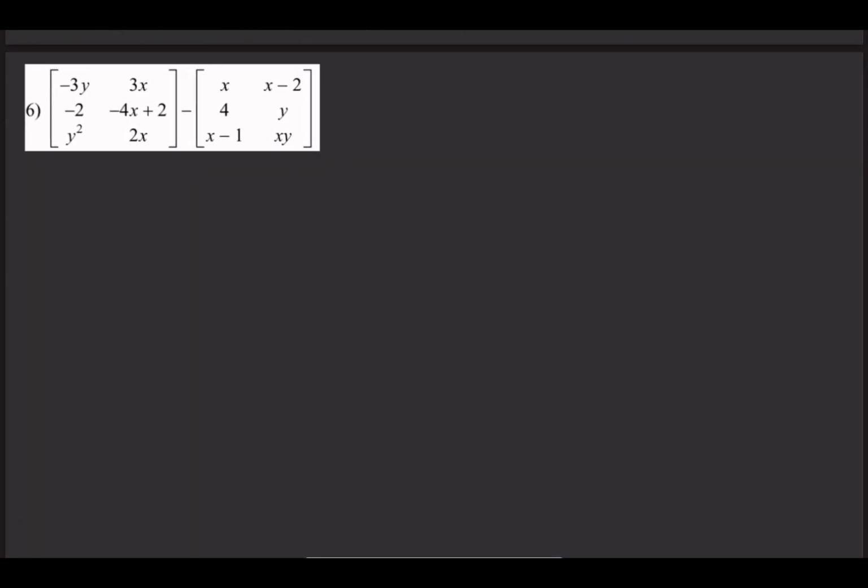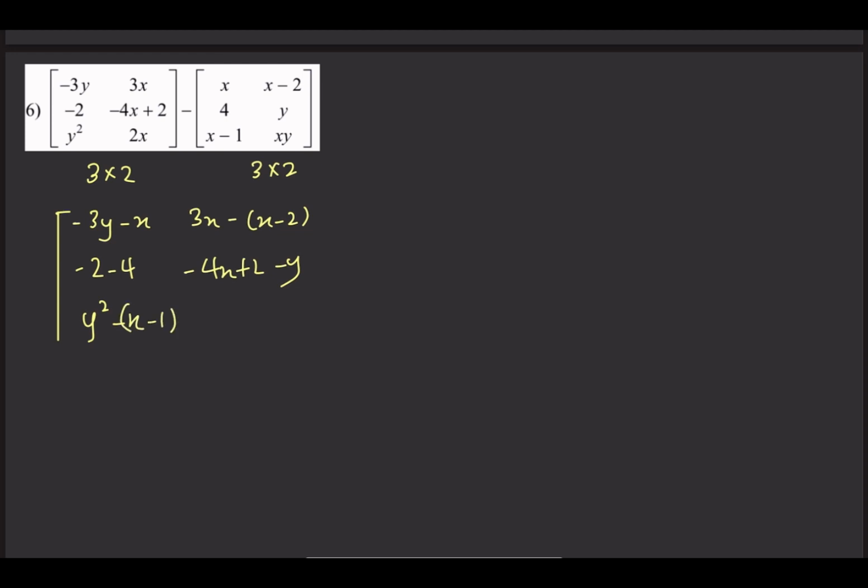Finally, for this question, we first understand that this is a 3 by 2 matrix and this is also a 3 by 2 matrix, and therefore it is defined. What we get is 3y minus x, 3x minus x minus 2, -2 minus 4, -4x plus 2 minus y, y squared minus x minus 1, 2x minus xy.